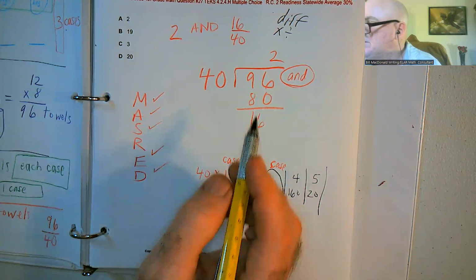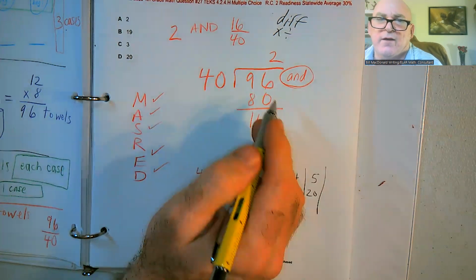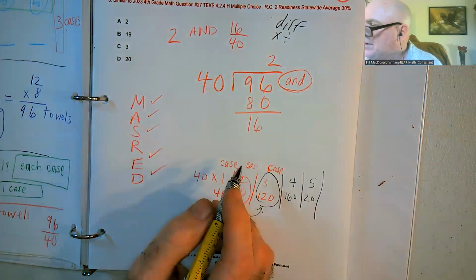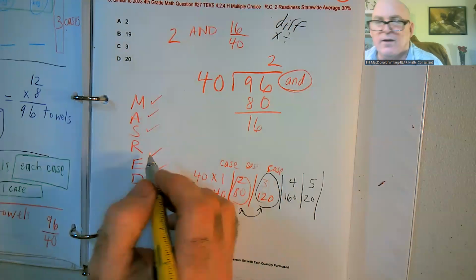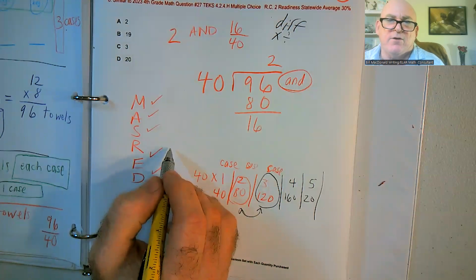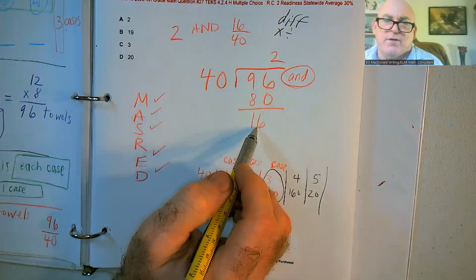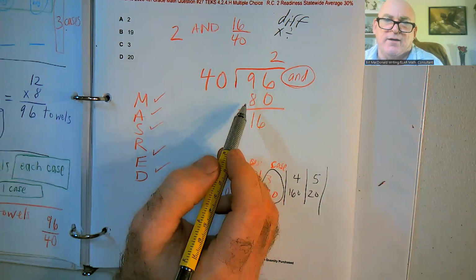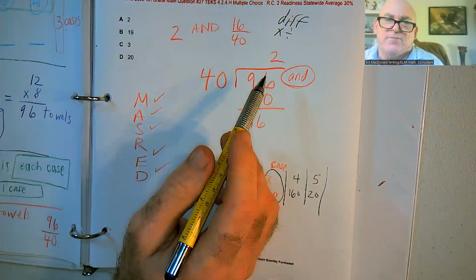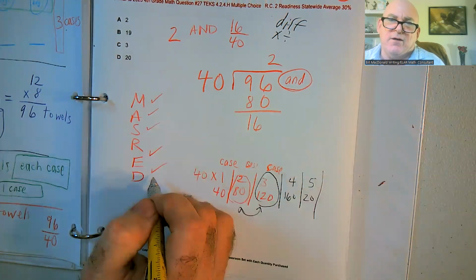So what that means is that I need 2, and then because we have a remainder, when I subtract 6 minus 0 being 6 and 9 minus 8 being 1, that means I am done.